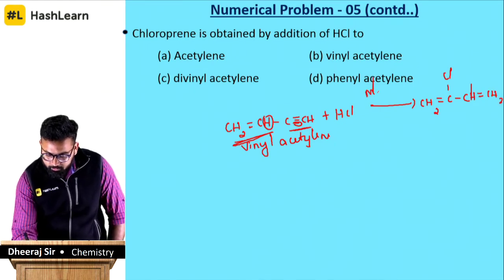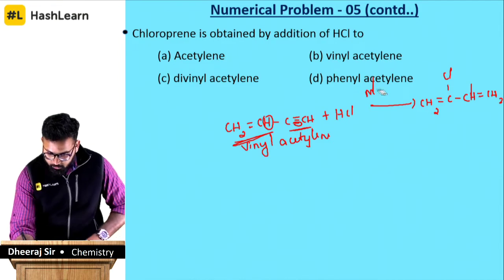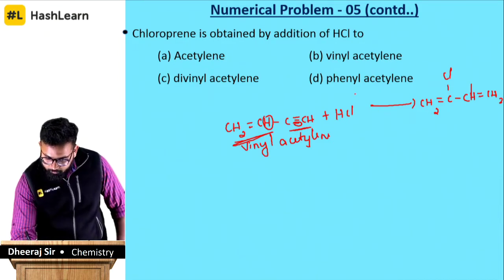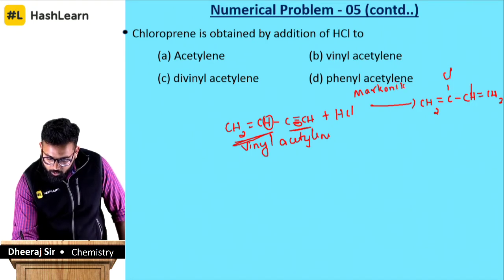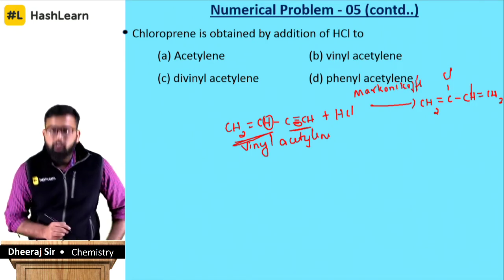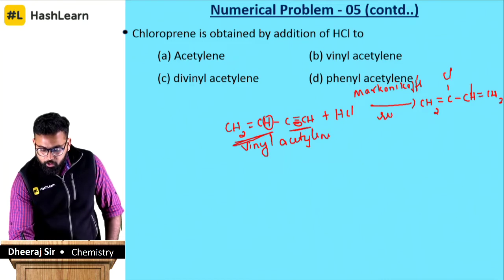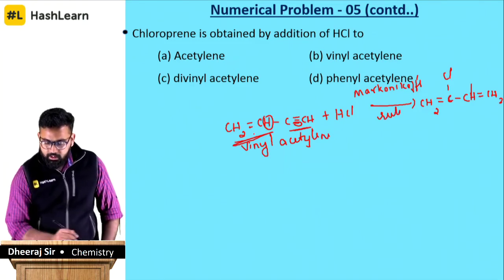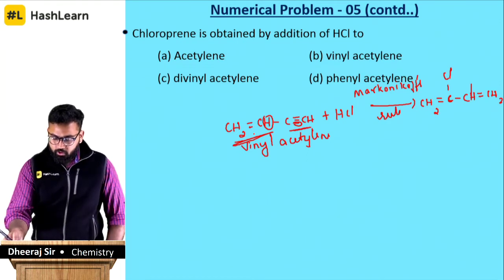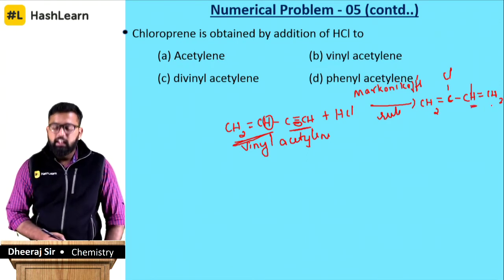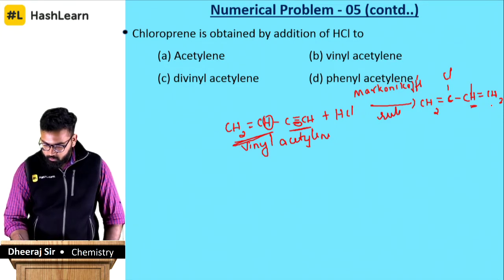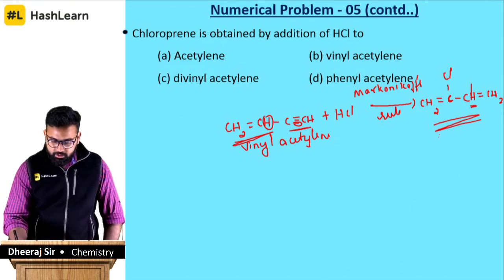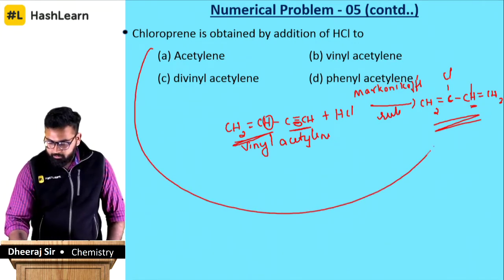This follows Markovnikov's rule. Markovnikov or Markovnikov, you know it can be pronounced both ways. It follows Markovnikov's rule, and therefore Cl is added to the carbon which contains less hydrogen, and H to the one which contains more hydrogen. So this is the product, chloroprene.